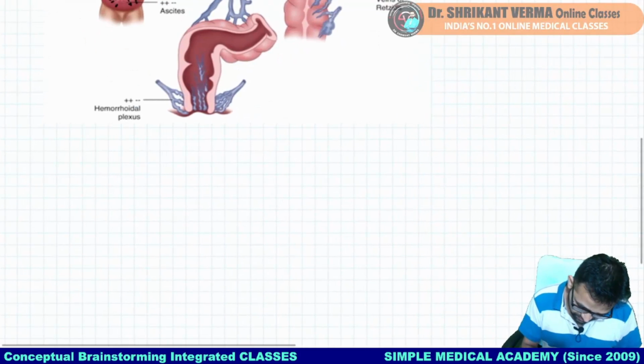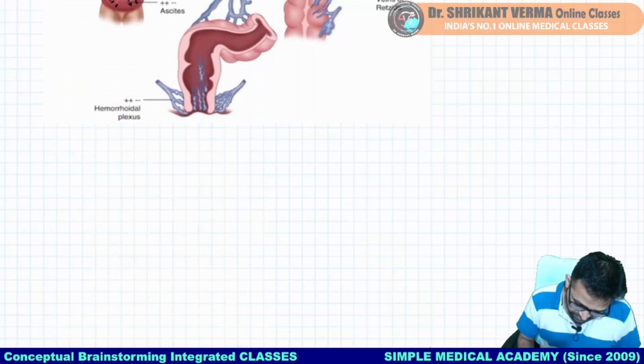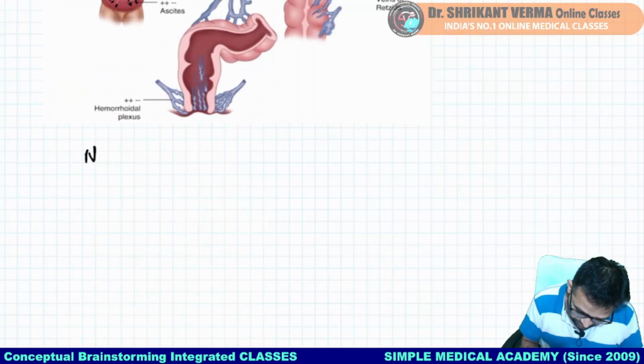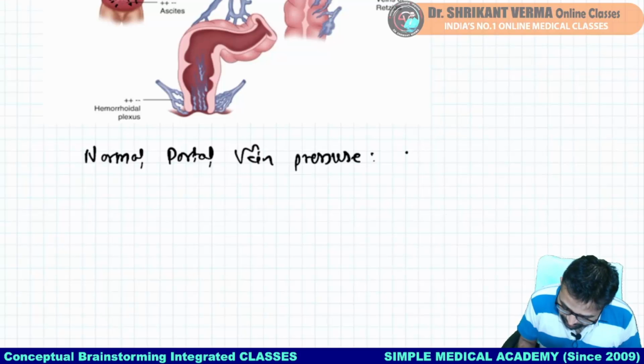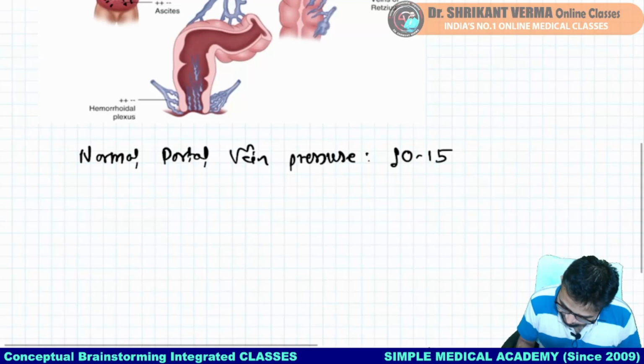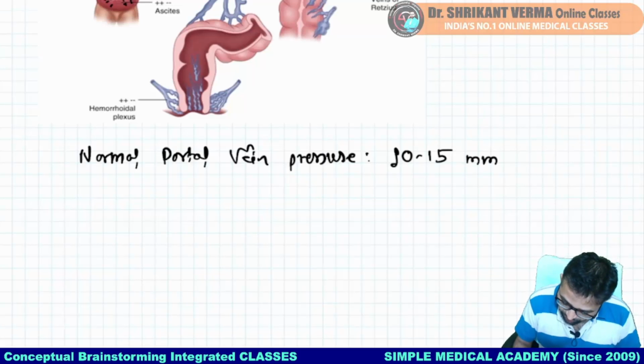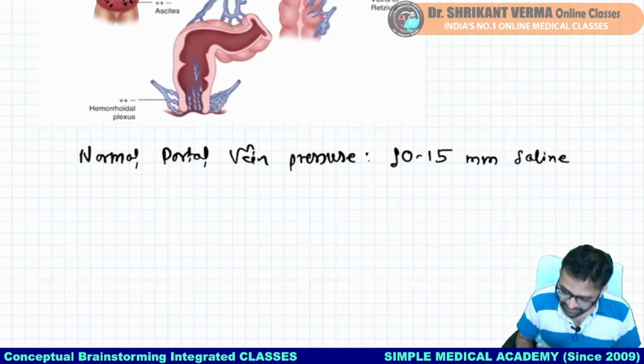See here, normal portal vein pressure. Remember, that is 10 to 15 mm of saline.